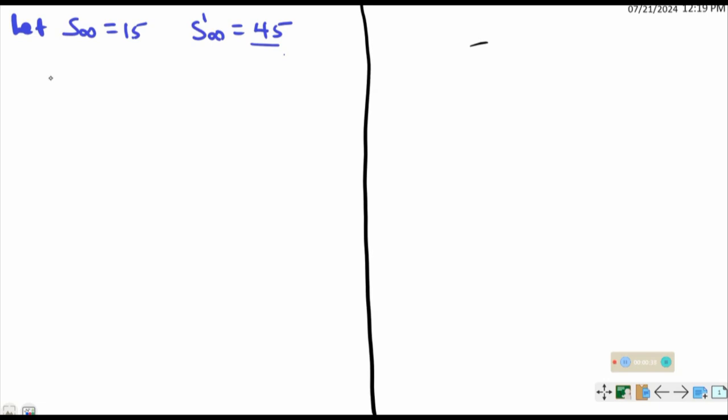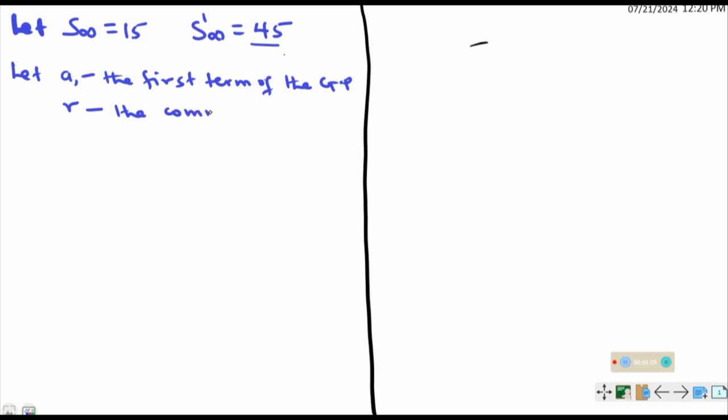Since we are interested in getting the series, it is very important that we first let a represent the first term of the GP series, and r represent the common ratio of the terms.